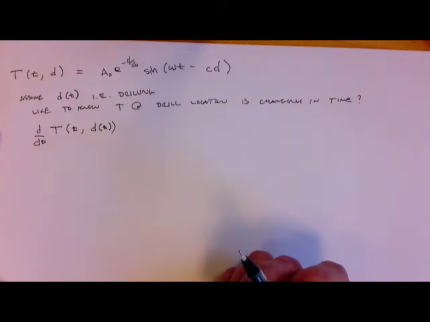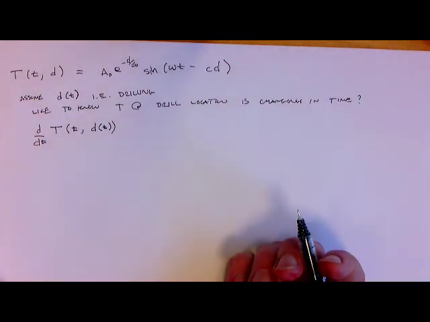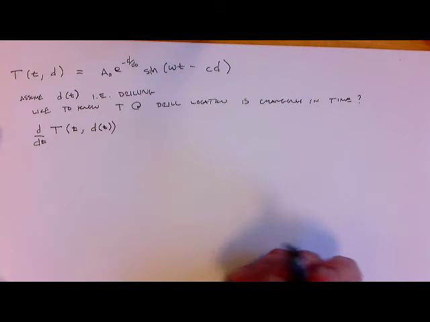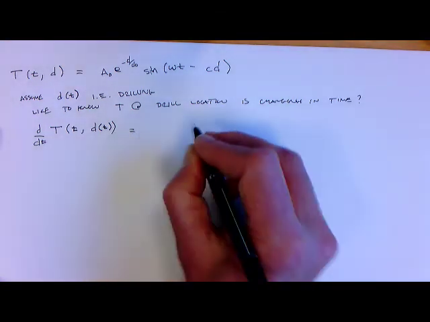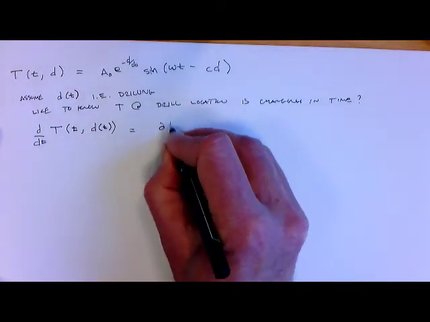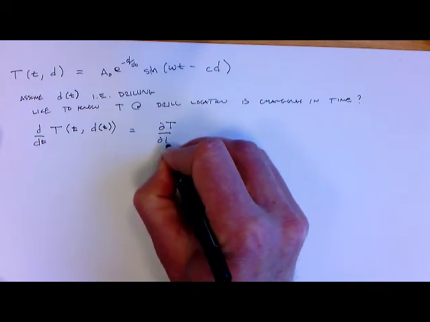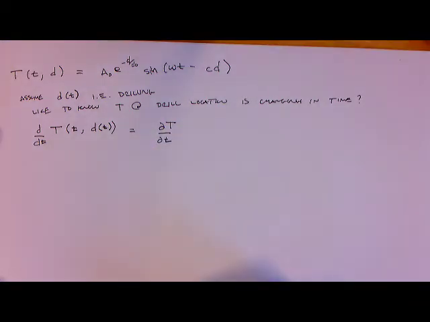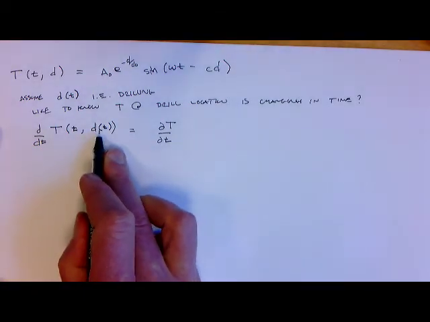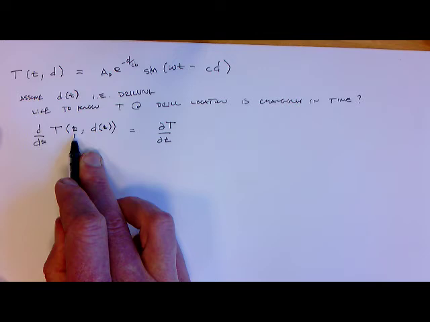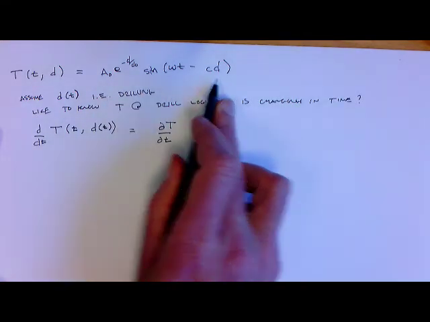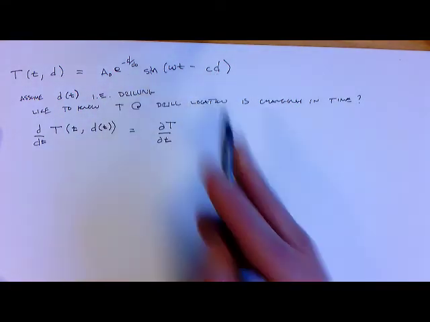Okay. Well, to do that, I'm going to have to use a chain rule kind of approach. So let's go ahead and do that. One part of this is going to simply be how fast does the temperature change with respect to time explicitly. So I'm going to treat d as a constant, and I'm going to take the derivative of the function with respect to time, assuming that d is constant, right?